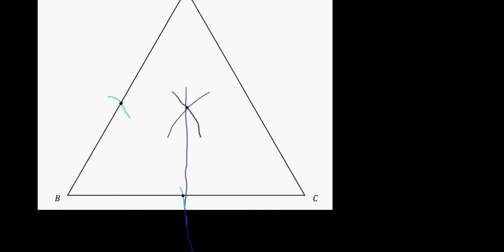So next thing you're going to do is bring your compass up here. Don't move your compass in or out, just leave it at the same distance. Put the sharp bit here, bring your pencil out here somewhere, and draw an arc here.